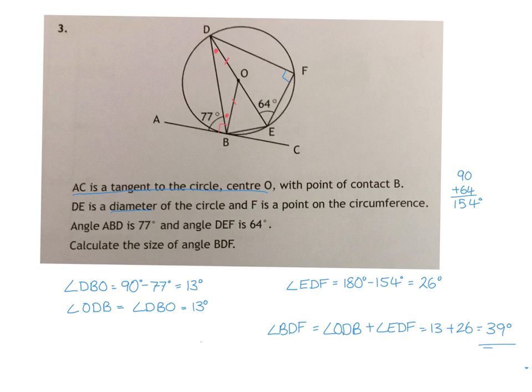Okay, so your marks for this question were for having this angle here, ODB or DBO, having these ones, the 13 degrees, for knowing that angle EDF is 26, and then for adding them together to get your 39.